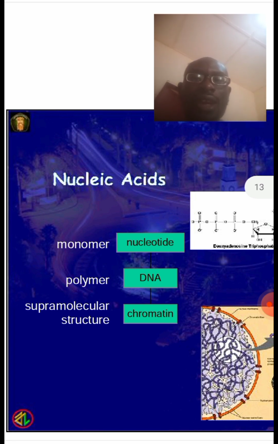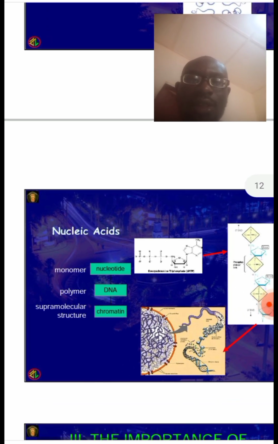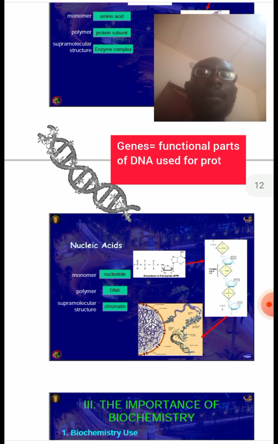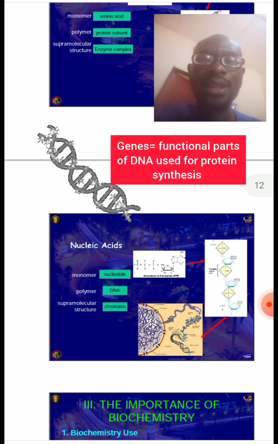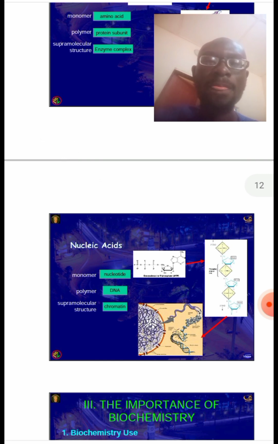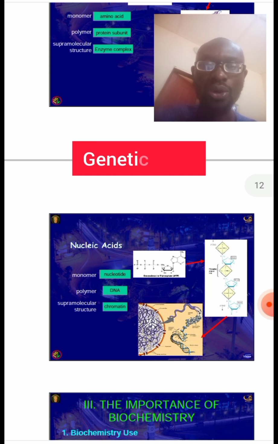Now, why are nucleic acids important? Because they contain genetic information. For example, genes are functional parts of the DNA, and they can help to synthesize proteins eventually through the genetic code.